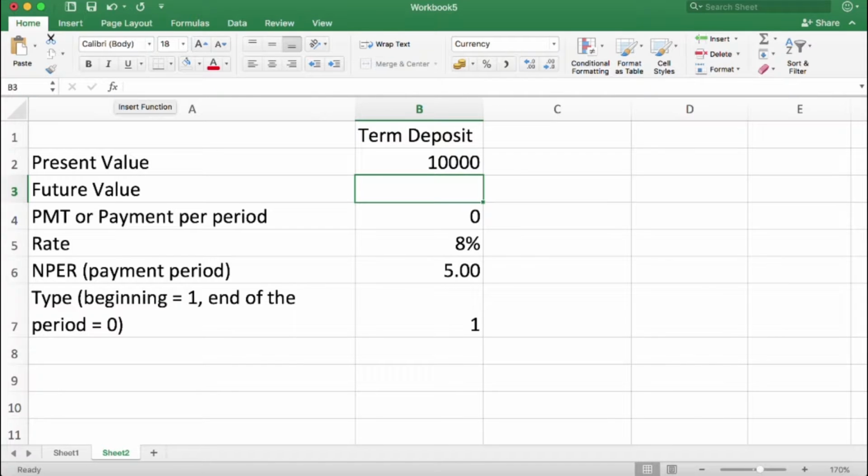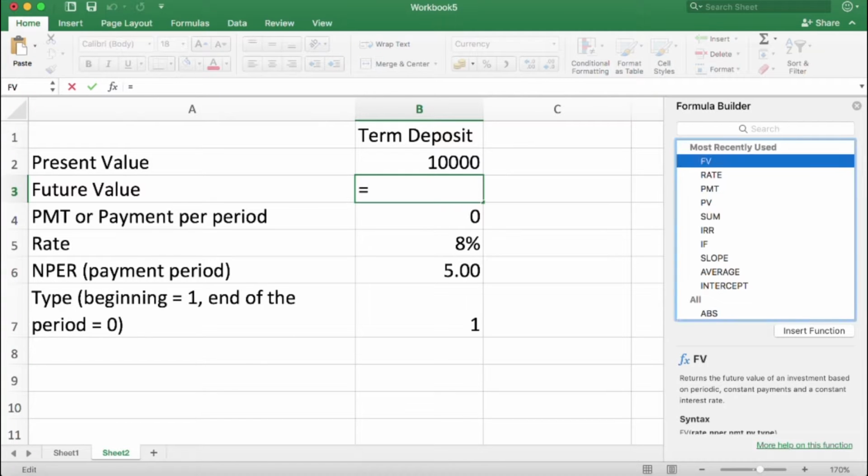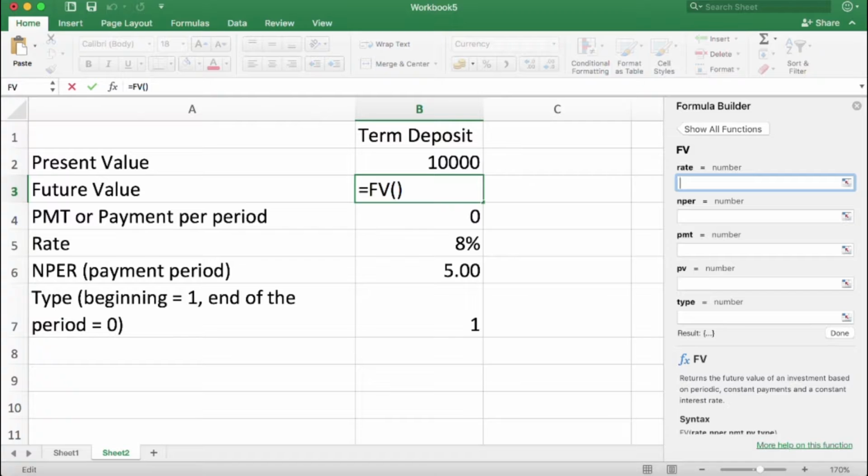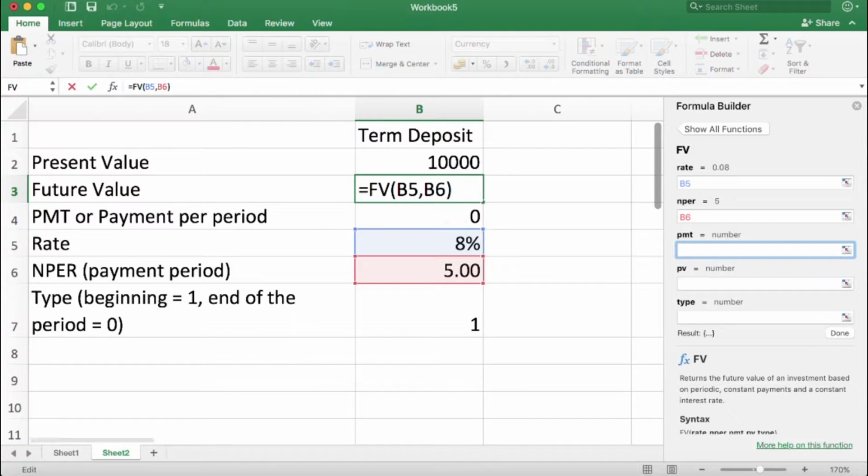You can invoke the Excel function by clicking this fx and picking up the function. FV is the function we want. Inside the function, it guides you on how to enter the values. The first is the rate, which is 8%. NPER is 5 years. PMT is 0. Present value is 10,000.